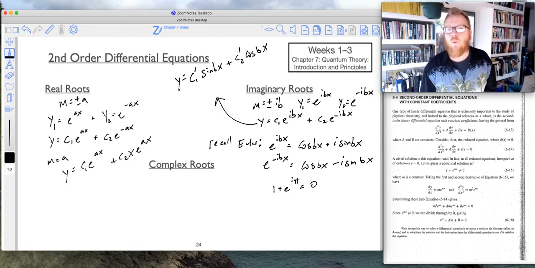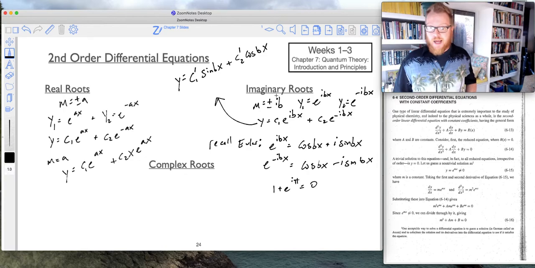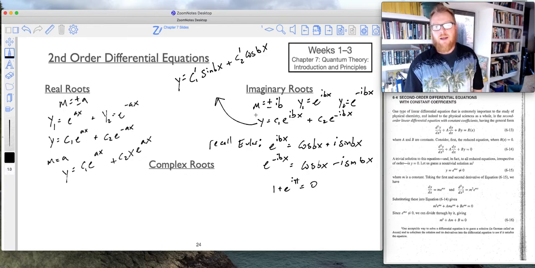So when we have imaginary roots, when we come up with m equals plus or minus ib, we can just go directly to this solution: sine bx plus cosine bx with respective normalization constants in front of them.